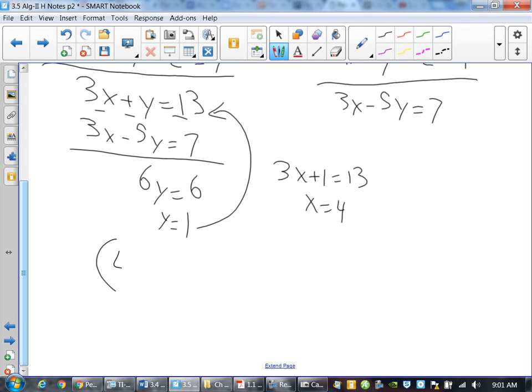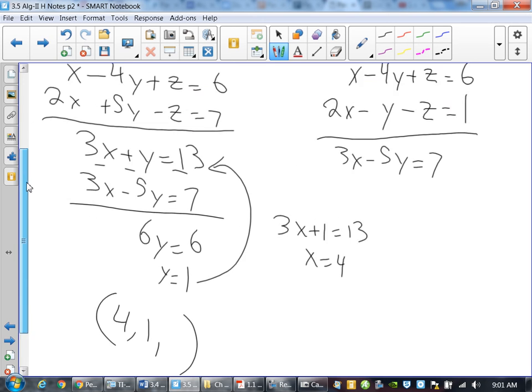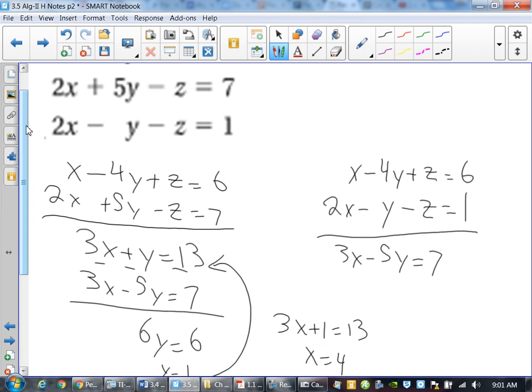We have 4, comma 1, comma, to find z. So if this is 4, this is 1. What's z? 6.